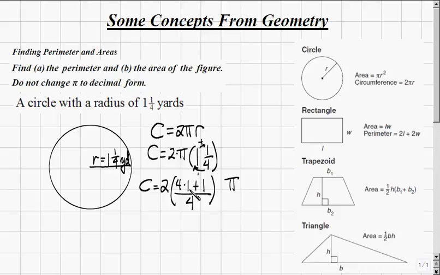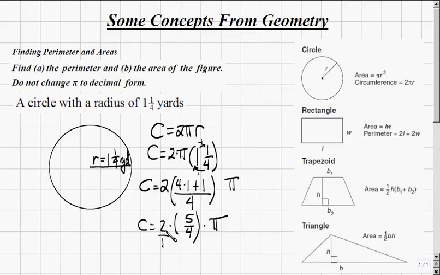Simplifying this, 4 times 1 is 4, plus 1 more is 5. 5/4 is what 1 1/4 becomes. So c equals 2 times 5/4 times our pi at the end. Now again, forgetting about the pi for a second, we have 2 times 5/4. So to simplify this, multiplying fractions, we'll write 2 as 2 over 1, since any number can be written over 1.